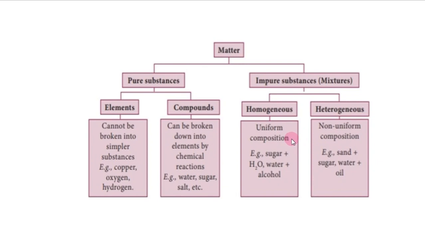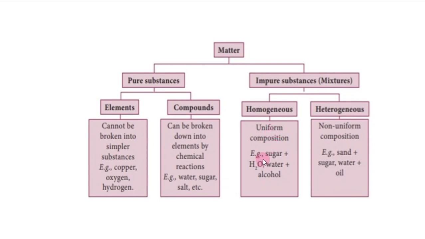After a few minutes, can you see the salt particles again? You can't; you see only water. That is a uniform composition, because the salt is uniformly dissolved. Have you understood the difference?